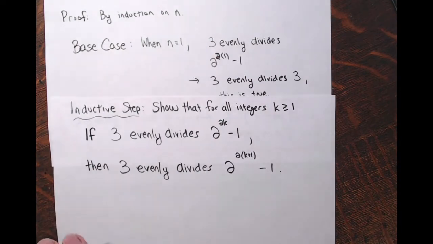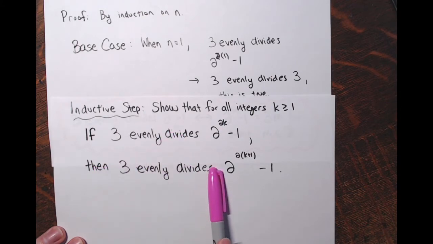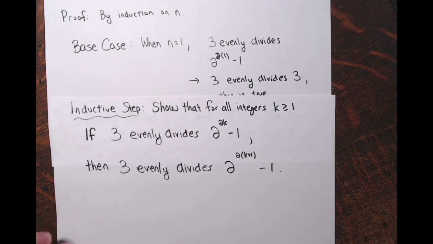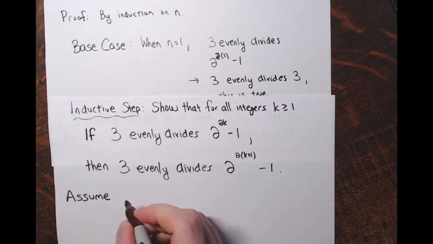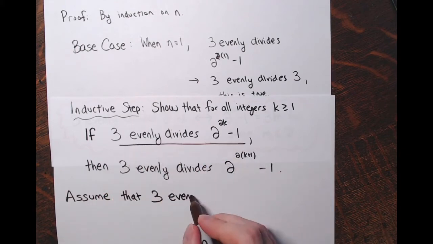All right. So what we're going to assume here, remember when you're trying to prove an if p then q statement, you assume p, and then through some series of logic, you show that q is true. So we're going to assume here that 3 evenly divides, this thing here, we're assuming this statement is true, the hypothesis.